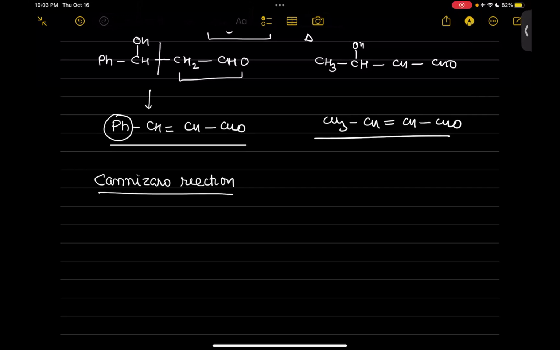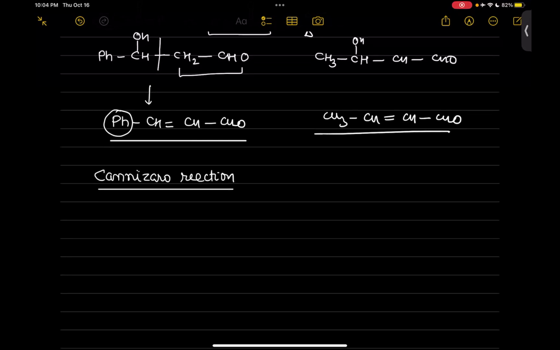The first and foremost thing is that the Cannizzaro reaction is given by those aldehydes and ketones which do not possess any alpha hydrogen.